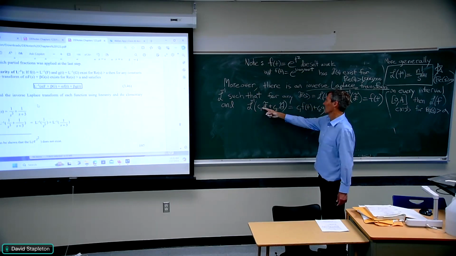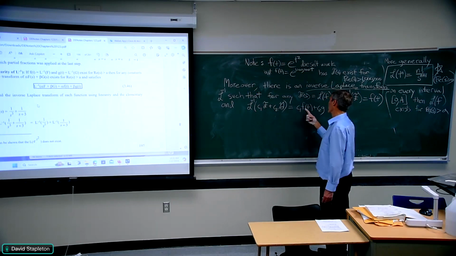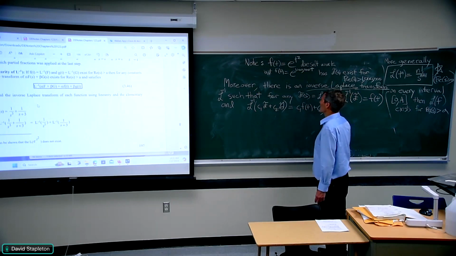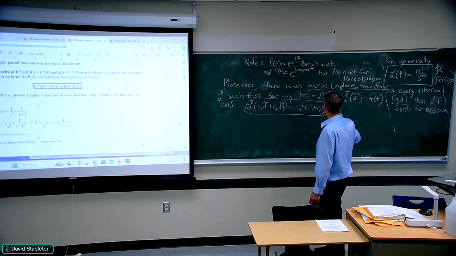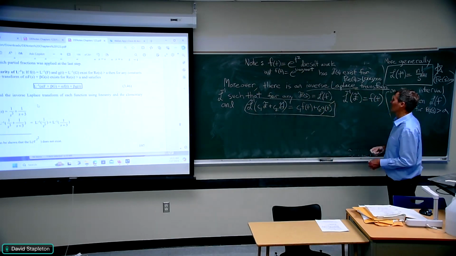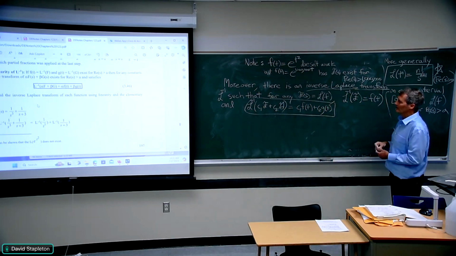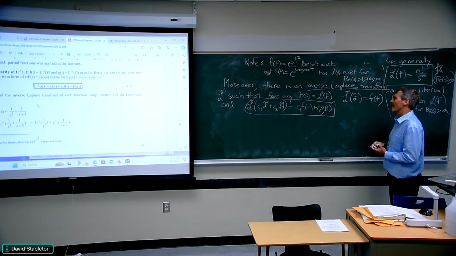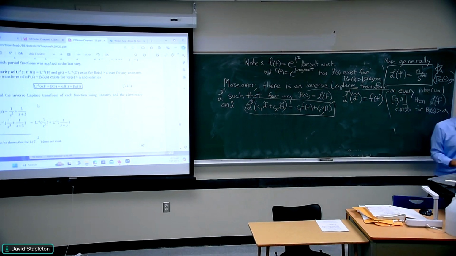In other words, the inverse transform of a linear combination is a linear combination of the inverse transforms. So it also has this wonderful linearity property. Again, it's because the inverse transform actually is an integral, a complex line integral, but we'll say that's a nice property of it.